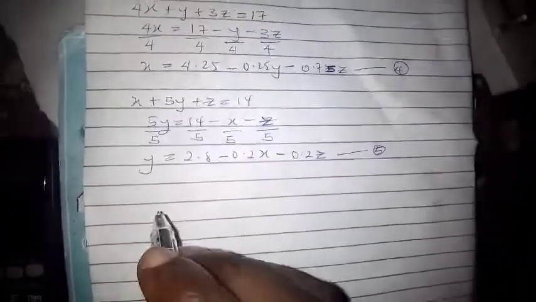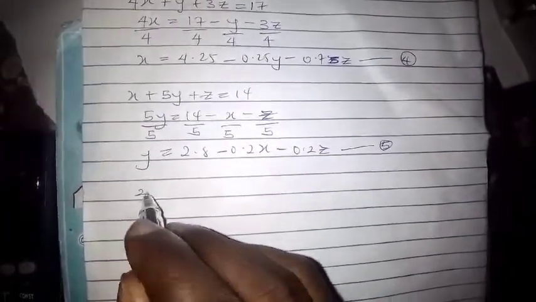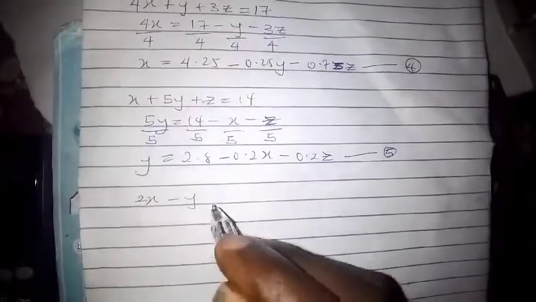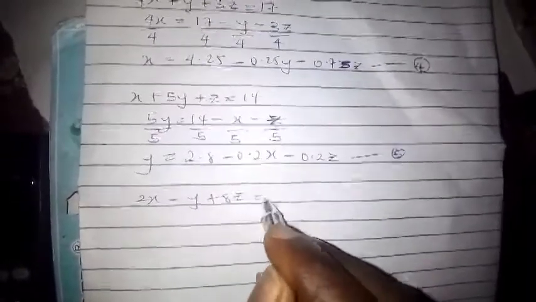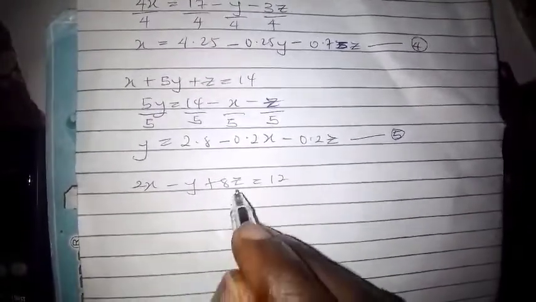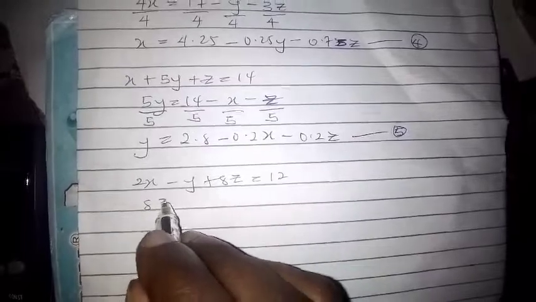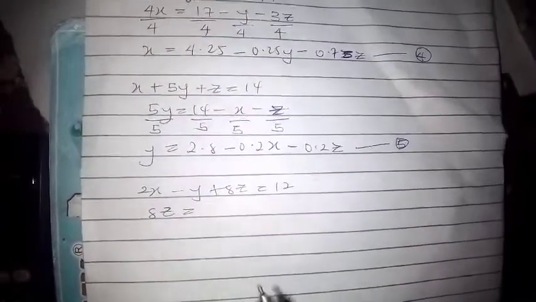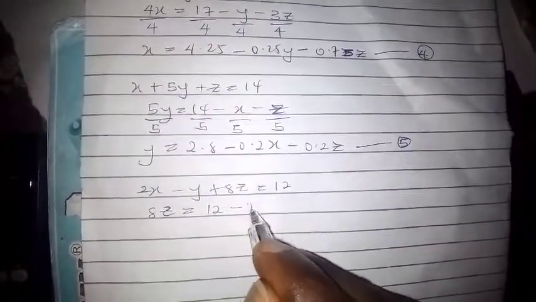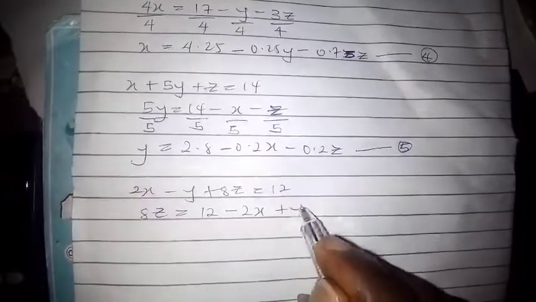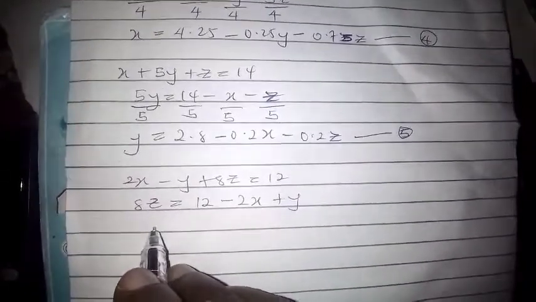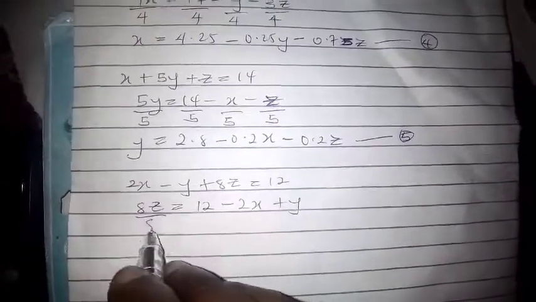Now let's pick the next one, which is equation 3. So 2x minus y plus 8z is equal to 12. Now make z the subject of the formula. 8z is equal to 12 minus 2x plus y. Divide both sides by the coefficient of z, which is 8.